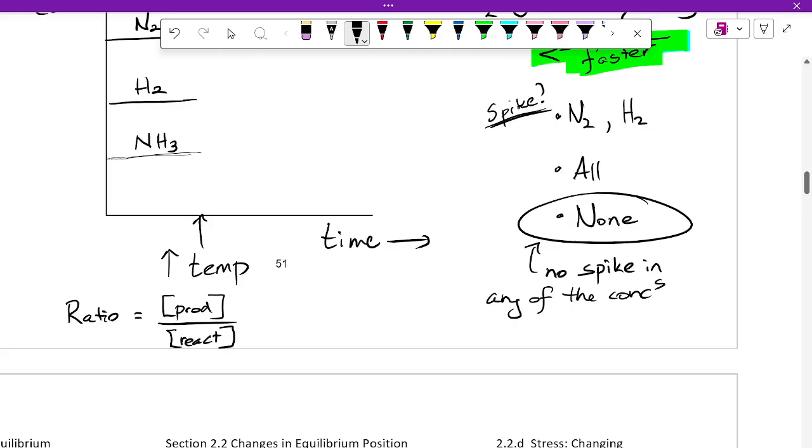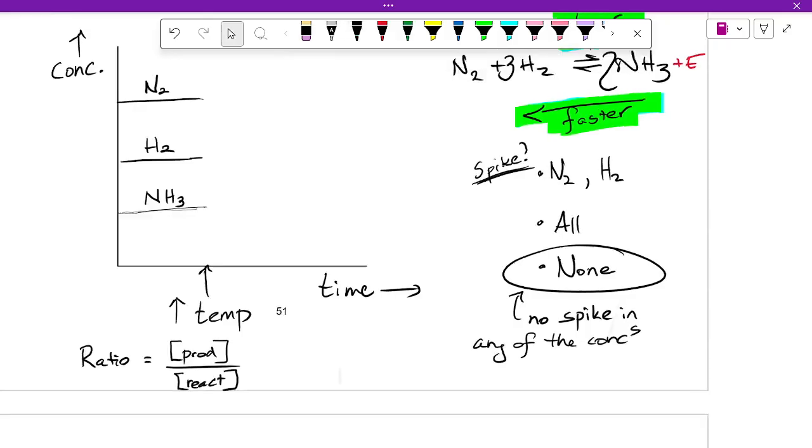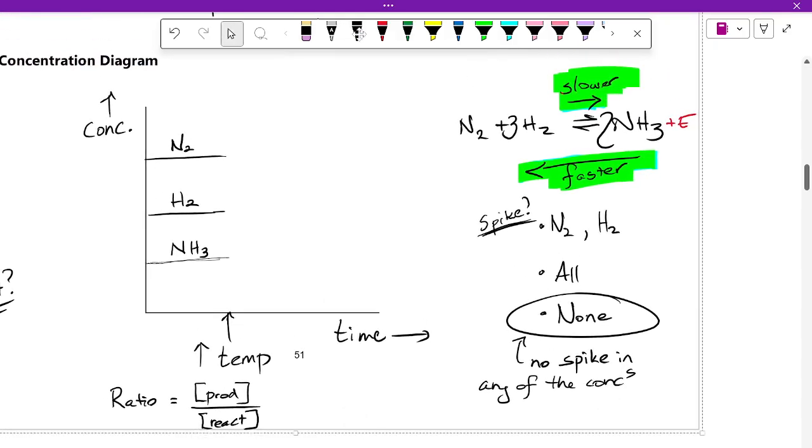The ratio is out of whack, we need to get back to the original ratio. But when you change the temperature, you change the ratio, and that is because the reverse rate is faster and the forward rate is slower.